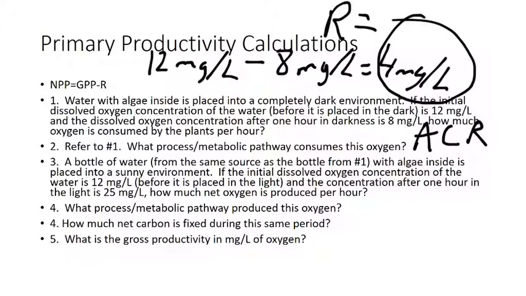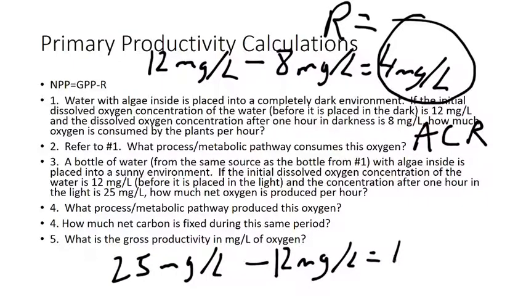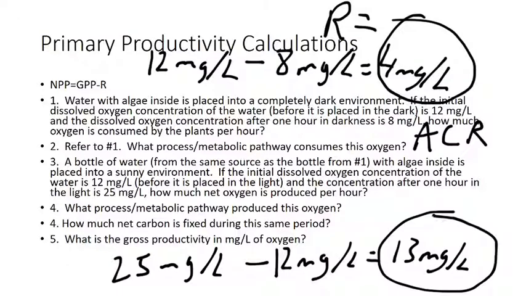So to calculate the net amount of oxygen, we're going to take the amount of oxygen that we ended up with, 25 milligrams per liter, and subtract from that the amount that we started with, 12 milligrams per liter. So our net amount of oxygen made is 13. Photosynthesis, rather, produced 13 milligrams of oxygen per liter of water more than it used for cell respiration during that 1 hour.